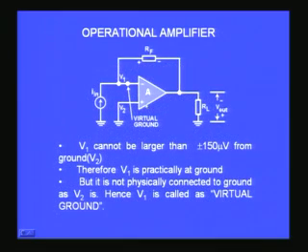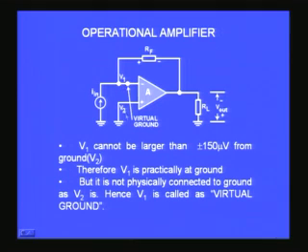Now, having understood this concept, let us look at the circuit once more here. This is the same circuit which is called the current to voltage converter. Now, we wanted to understand how the output is given by minus I in into RF or R2, whatever. Now, you can see one of the input terminals V2 is connected to ground. If this is connected to ground, then without looking at the amplifier you can say the corresponding other input V1 should also be very close to ground within plus or minus 150 microvolts.